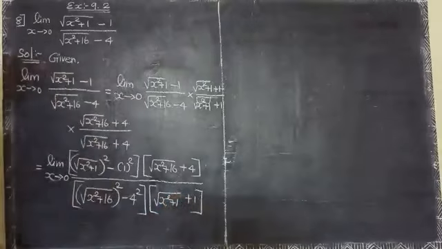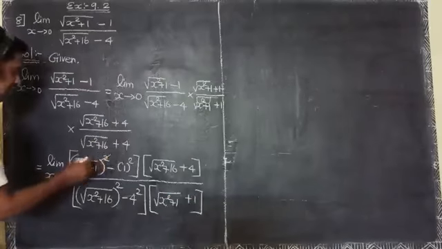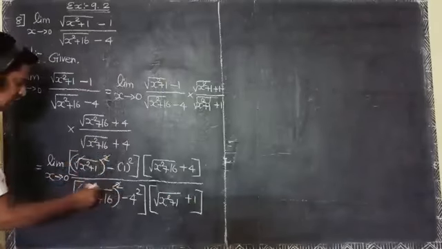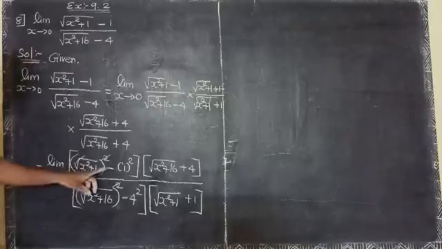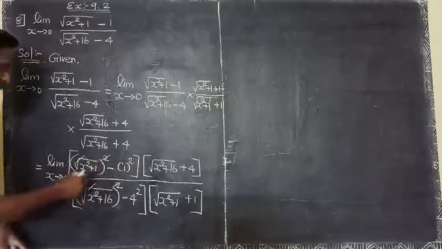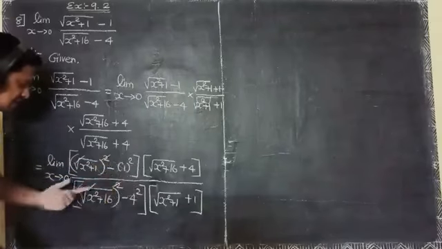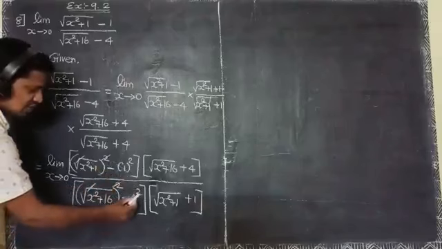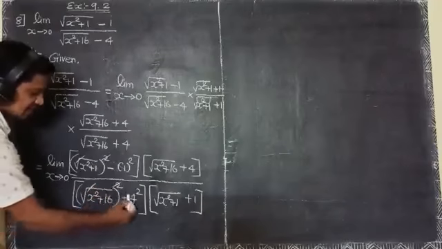Here the square roots are cancelled: x square plus 1 minus 1 square is 1, and plus 1 minus 1 are cancelled. Then in the denominator, minus 4 square is minus 16, and plus 16 minus 16 are cancelled.